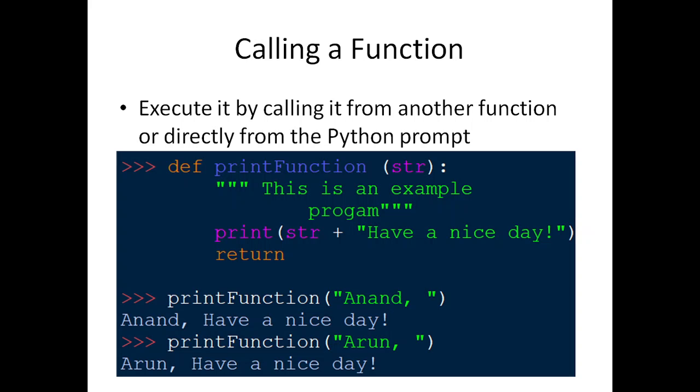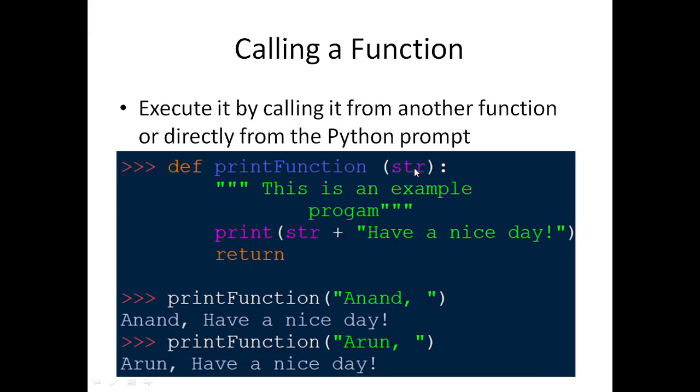And how to call a function. So we have written a function, and in the program, we need to call that function. It can be executed by calling it from another function or directly from the Python prompt. We can simply call it in the Python prompt itself, like this print function, and inside parentheses you have to specify the argument.